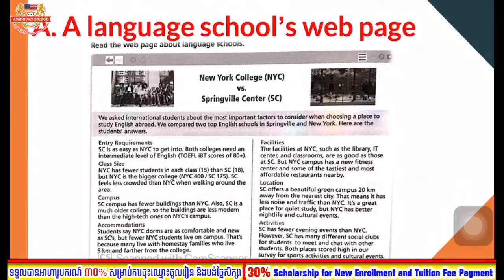Okay, good. So let me come back to our points for today for this session. So part A, we are going to learn about the language school's web page. As you can see here in the picture, this is called a school web page. So let's talk about the school. If you want to study in one school, you can also research about that school.